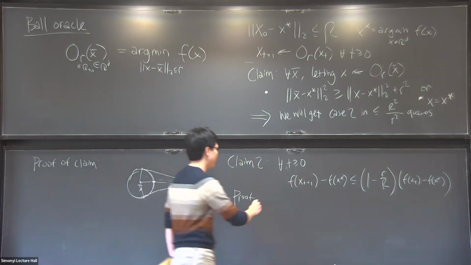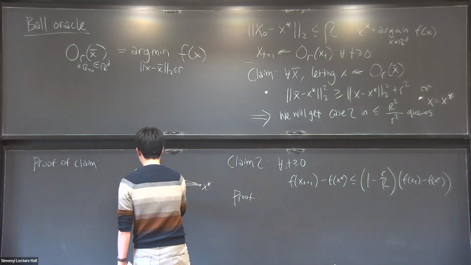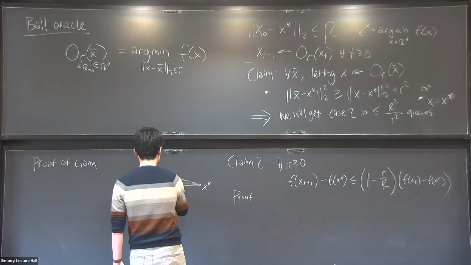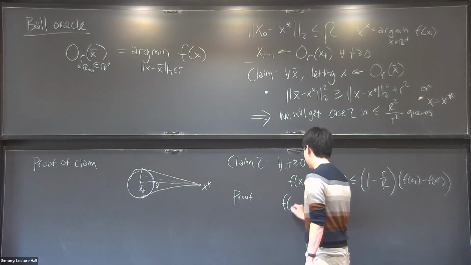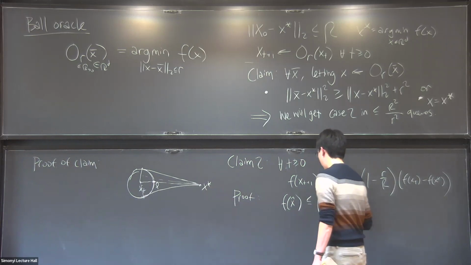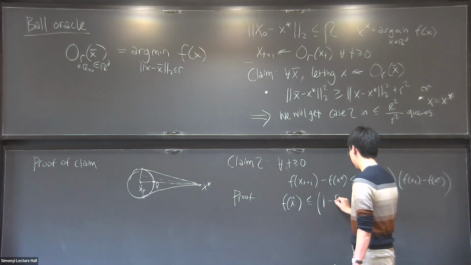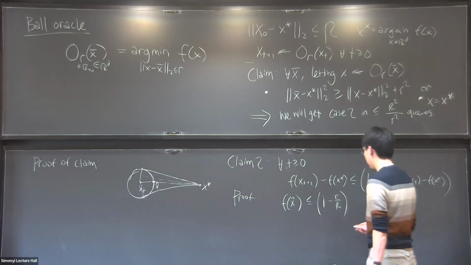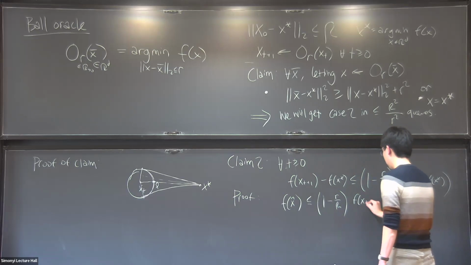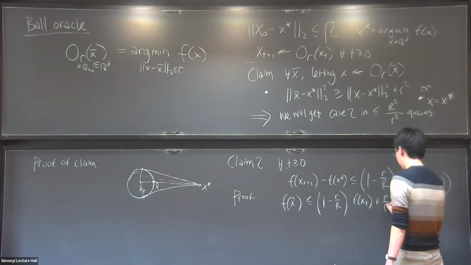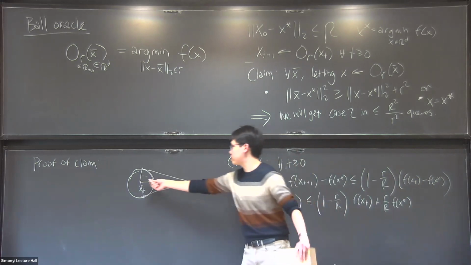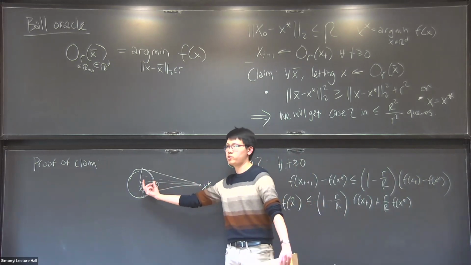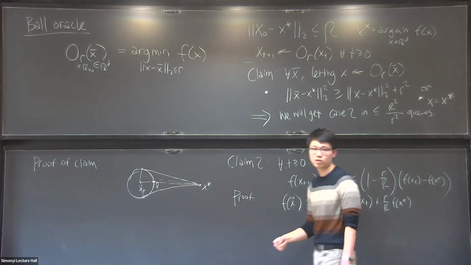Right. So let's call this point xt, and let's call this point x hat. The claim is that f of x hat is less than 1 minus little r over capital R f of xt plus little r over capital R f of x star. And this is just by the observation that by iterating on claim 1, the distance is at most capital R. So therefore, this is some quantity at least little r over capital R along the way.